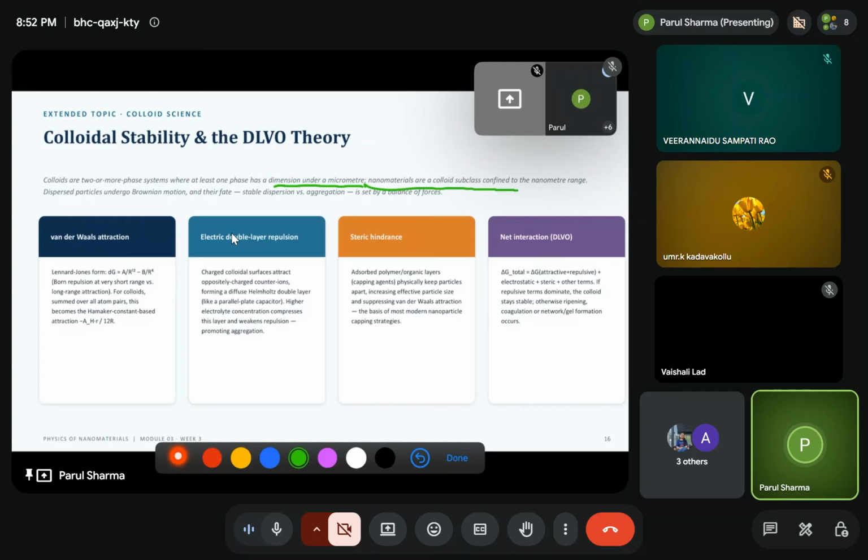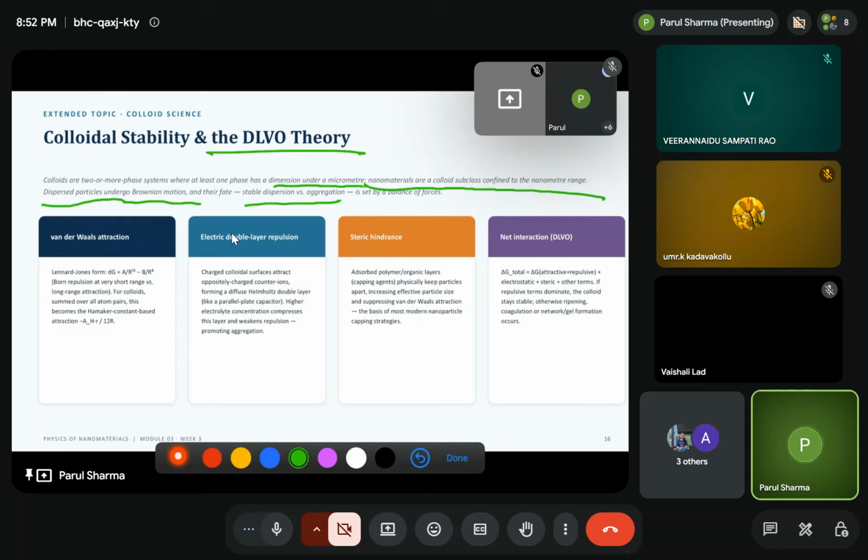Nanoparticles are a colloid subclass confined to the nanometer range, and dispersed particles will undergo Brownian motion, which stabilizes the dispersion. So what is the DLVO theory? It is a theory used to explain the stability and aggregation of colloids and nanoparticles in a liquid.